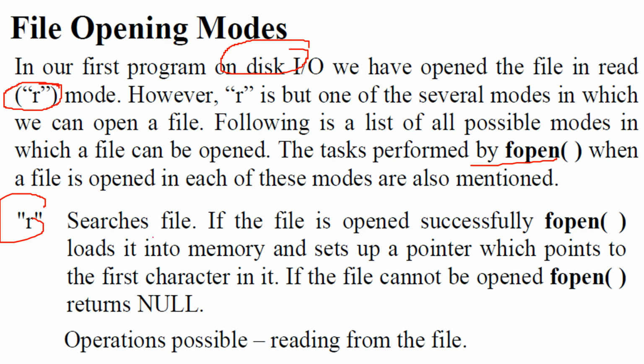What does R do? It searches the file. If the file is opened successfully, fopen loads the file into memory and sets a pointer, which is the fp we are generally using, that points to the first character in it. If the file cannot be opened, fopen is going to return NULL, in capitals. So this is reading from a file.